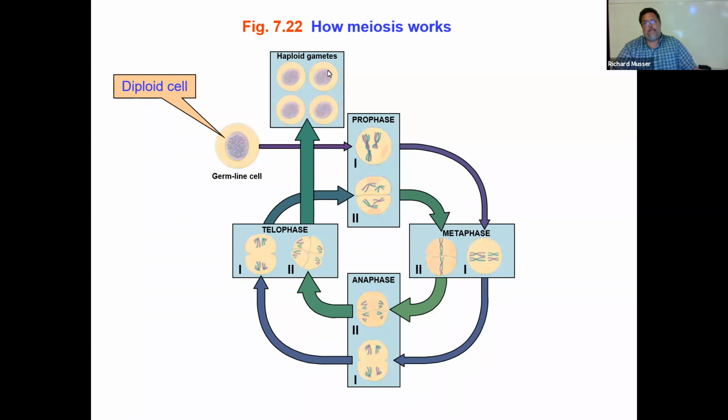Now, it depends on the species. For humans, interestingly enough, you wouldn't have 4 eggs. You would have 1 massive egg and 3 little polar bits of egg that aren't used. They're kind of support cells. They may be involved with some aspects of the hormone controls, but you end up with 1 big egg and 3 little polar bodies, or whatever they call them.